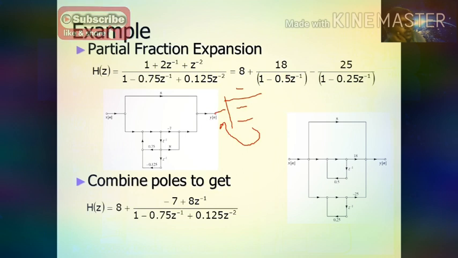So this is how we get it: 8 plus 18 divided by 1 minus 0.5 z inverse. You solve this. If you have any doubt, I will solve this problem and post it in our next video. Or you may also use the calculator easily.